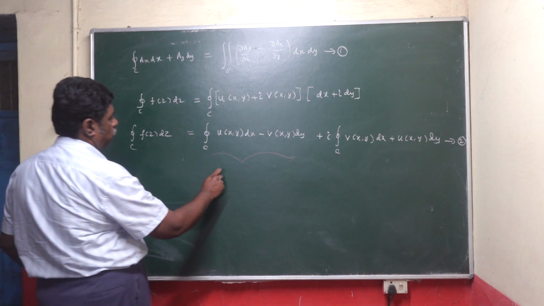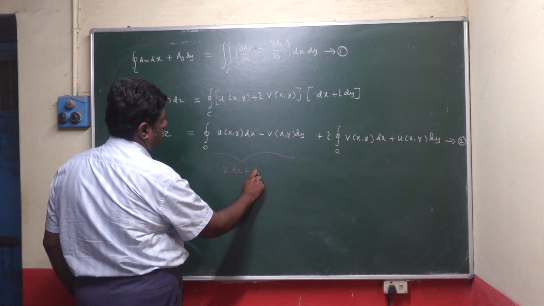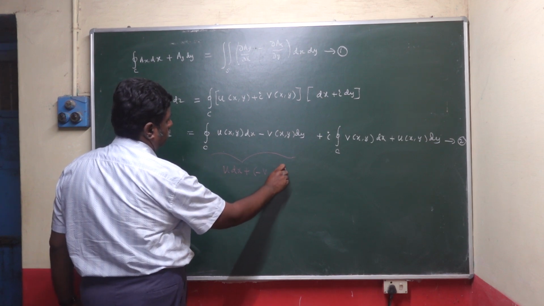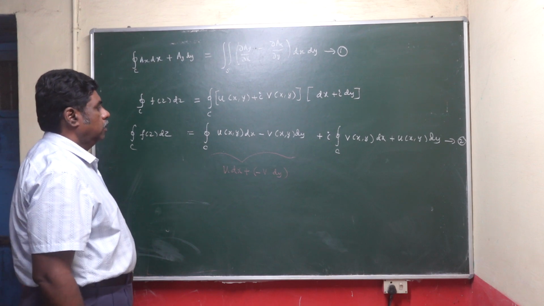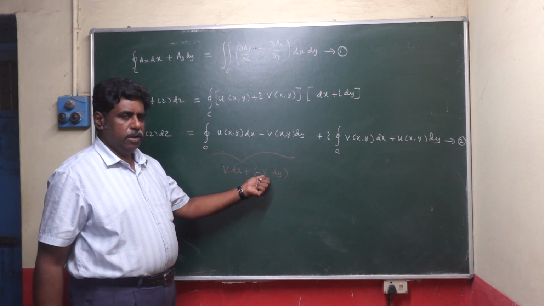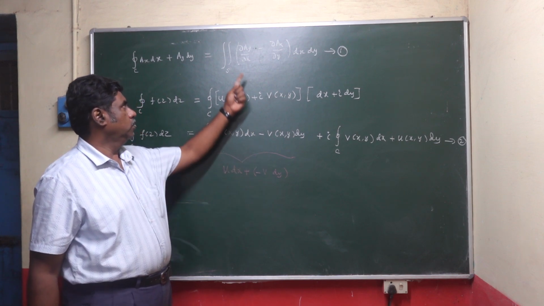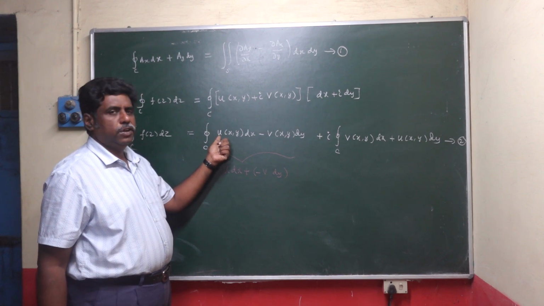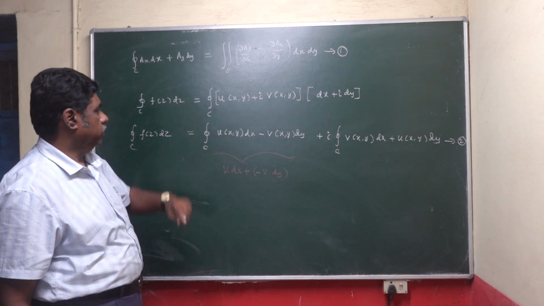This is in the form of u dx plus minus v dy. Therefore, the second term minus v should be differentiated with respect to x, minus of the first term should be differentiated with respect to y.